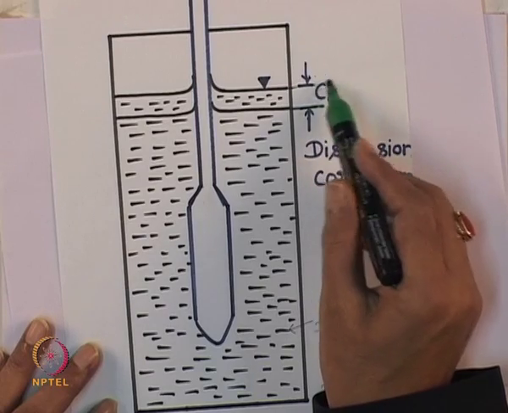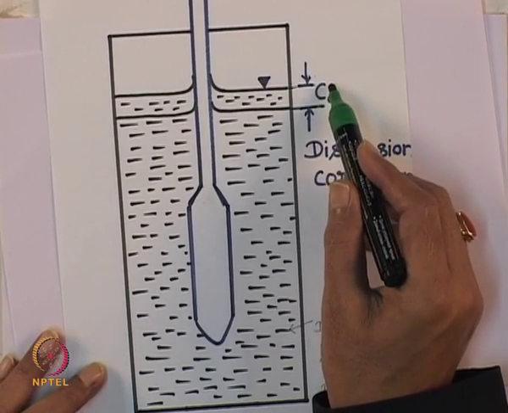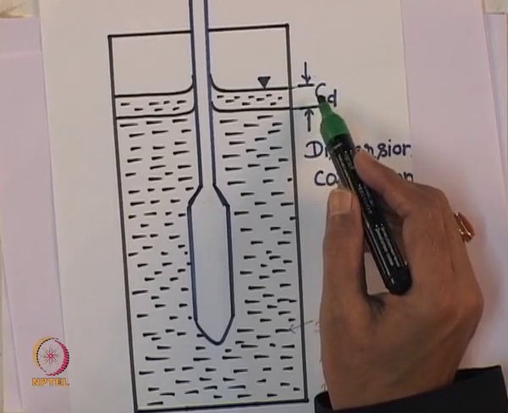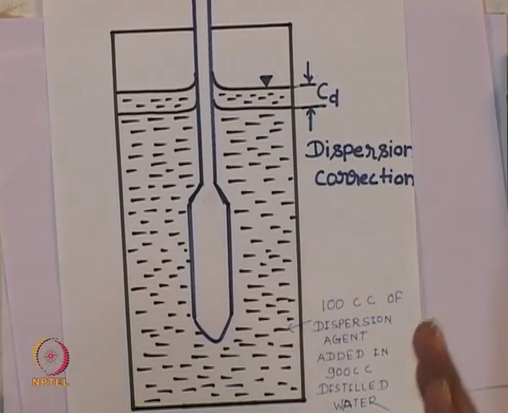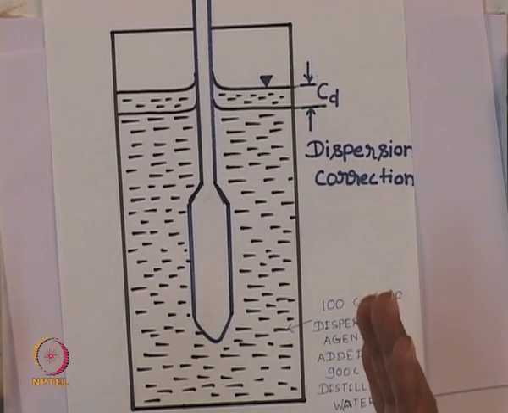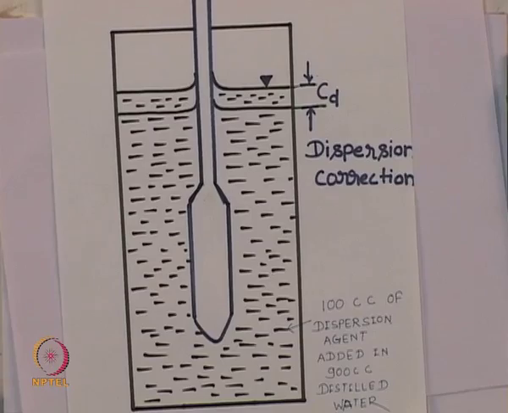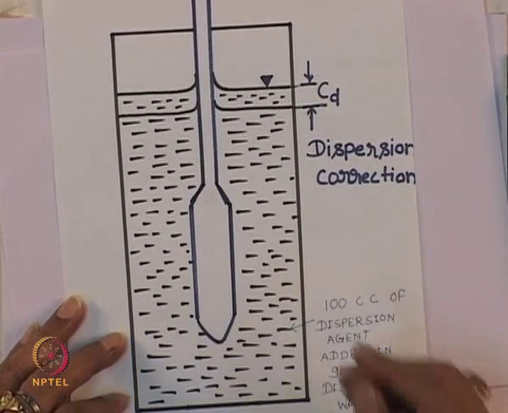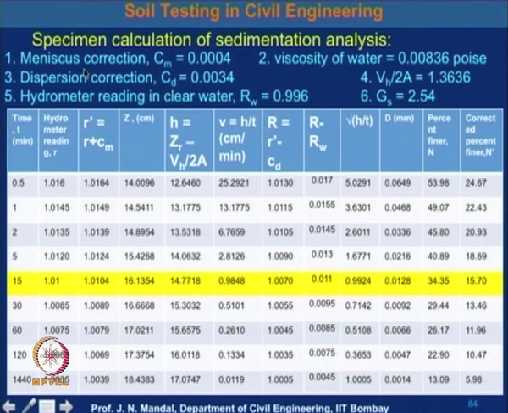This dispersion correction has to be subtracted. In the case of the meniscus correction it is entirely distilled water, but in the dispersion correction you put some dispersing agent into the distilled water and measure CD. In this table also, the dispersion correction CD is equal to 0.0034.